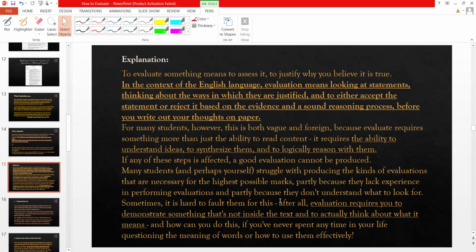Evaluation requires you to demonstrate something that's not inside the text, and to actually think about what it meant. As I have told you, it's all the implicit ideas you extract from the text. Everything is not written very clearly. You have to give your own idea, argue, and give your own opinion.